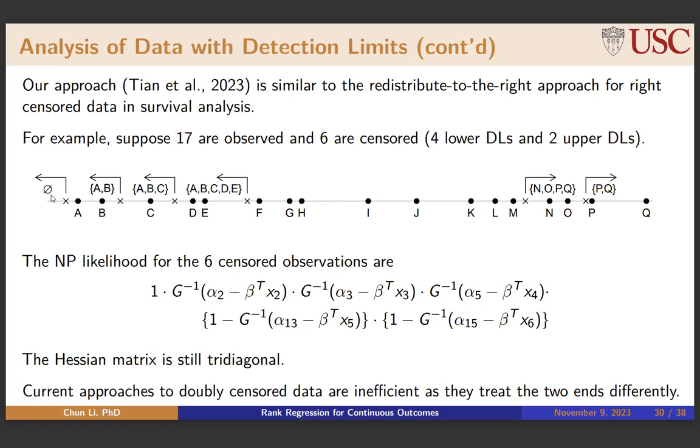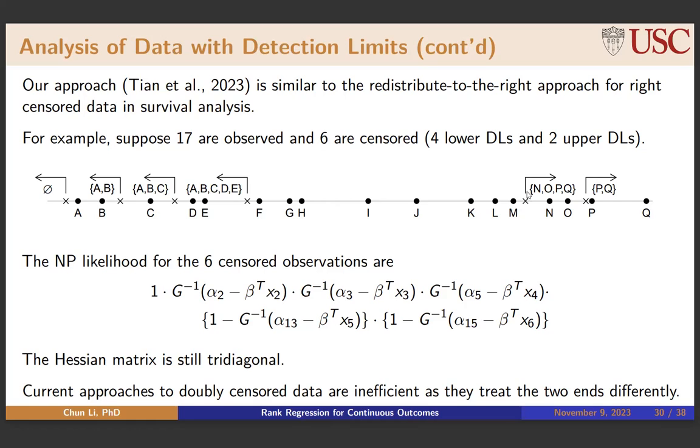And this is consistent with survival analysis. If you have censoring at the last, and there's no observed event beyond that, then that subject is basically thrown away. So the NP likelihood is going to be 1 for this person. This doesn't contribute anything. And this is cut off at 2, so it's alpha 2 for that one. And this cut off 3, so alpha 3. This is cut off 5, so alpha 5.